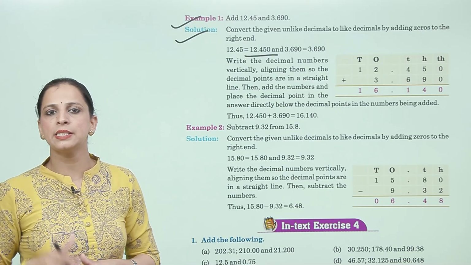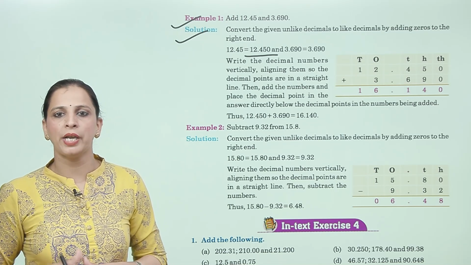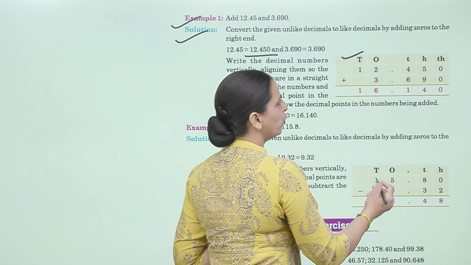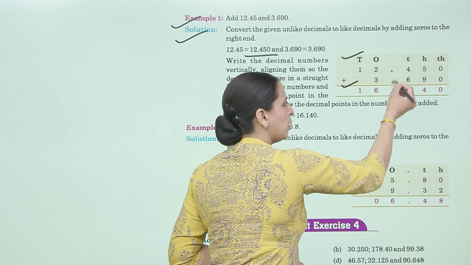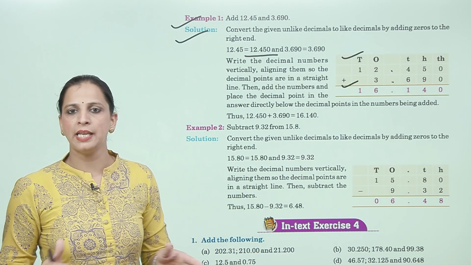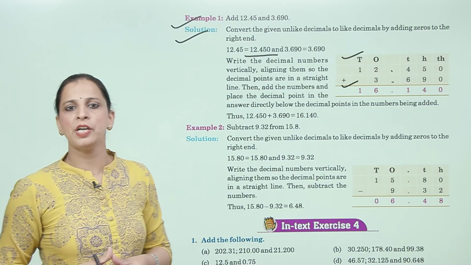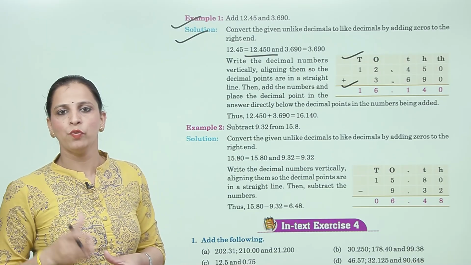Then add the numbers and place the decimal point in the answer directly below the decimal point in the numbers being added. Now 12.450 plus 3.690. Decimal below decimal, align the decimal point and add them. It becomes 16.140. Thus 12.450 plus 3.690 is equal to 16.140.